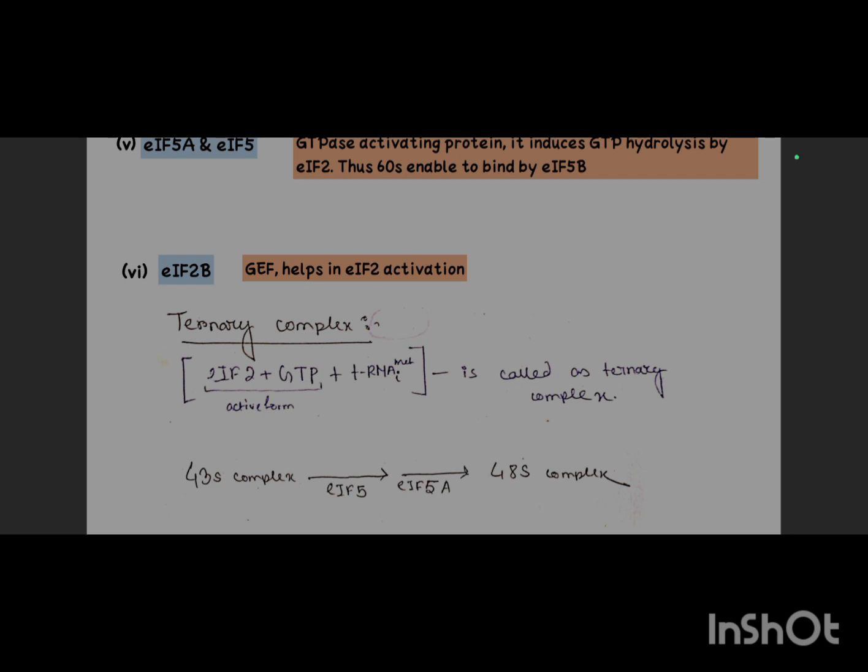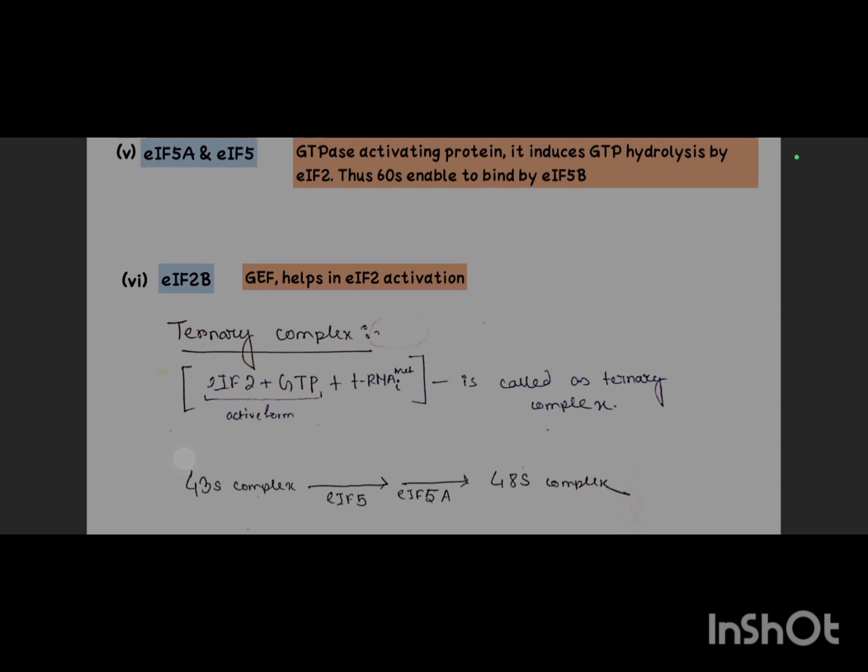Sorry, I forgot to mention, in case of the 43S complex, there will be the EIF2, GTP, tRNA i Met, the 40S subunit, as well as the mRNA, which we call the 43S pre-initiation complex. After that, the 48S complex is formed, and then the 60S subunit comes and binds, and then the initiation process is finished, and then the elongation will start.